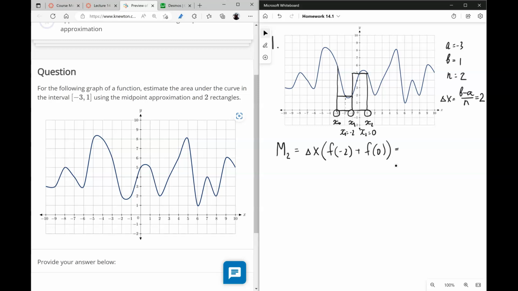So symbolically we can express the area like this, and now plugging everything in, what do we get? f of -2 is 2, f of 0 is 5, so the answer is 14.